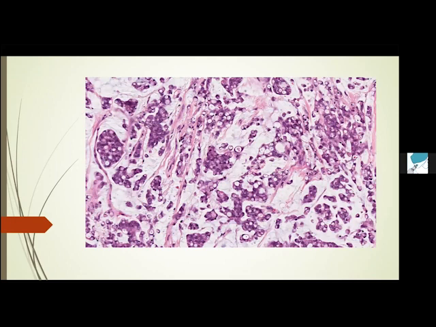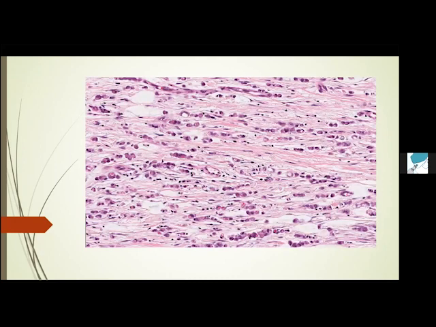And on higher power, we see areas where we have extracellular mucin and cohesive groups of cells that have this intracytoplasmic lumen that has this targetoid morphology. And in other areas, we can see that, in fact, we have single cell files with very nice signet ring cells. And there is also a little bit of extracellular mucin in these areas as well.